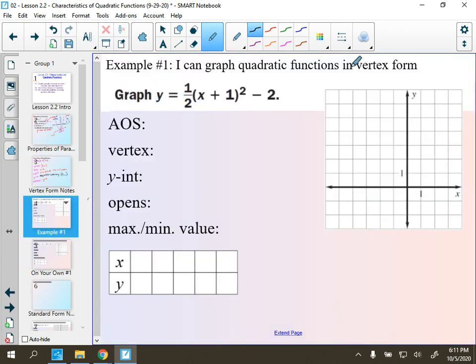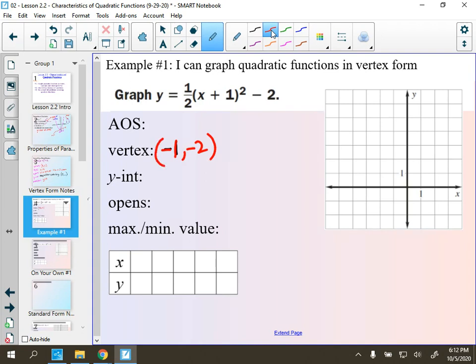Here it just says I can graph functions in vertex form. Obviously, we filled in some numbers for our h's and k's. Maybe I'll try to color code it and stay the same with all my freebie stuff. The order here is a little different with axis of symmetry, vertex, whatever. I look at this and see that my vertex is -1. Let's go with red. -1, -2.